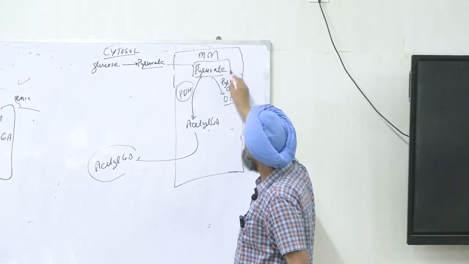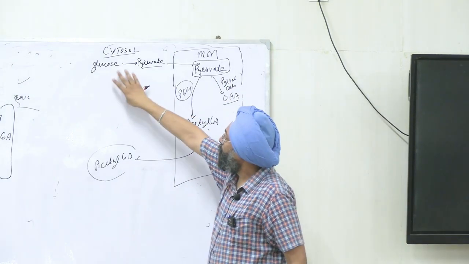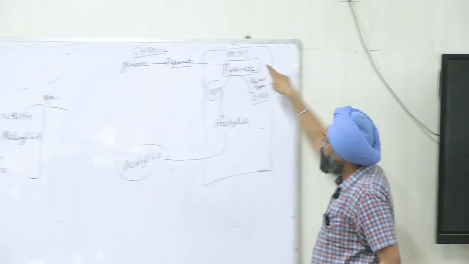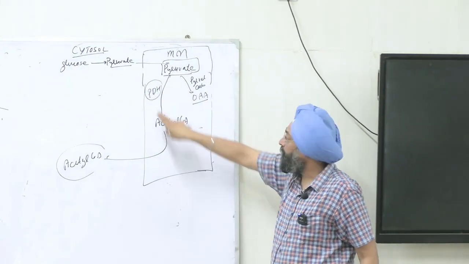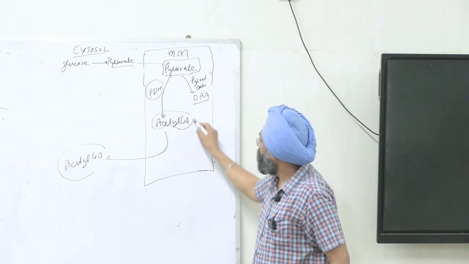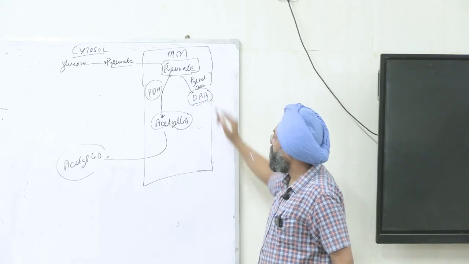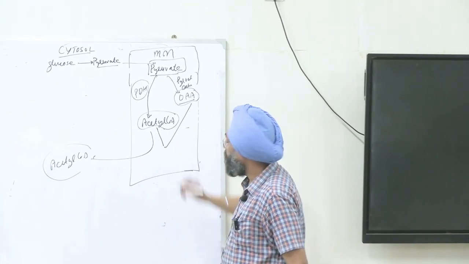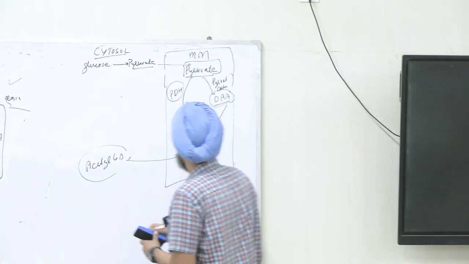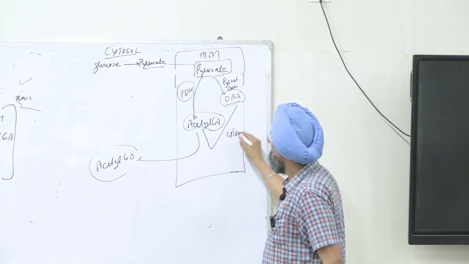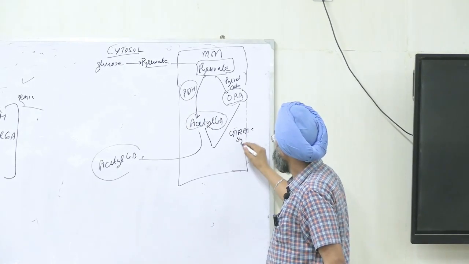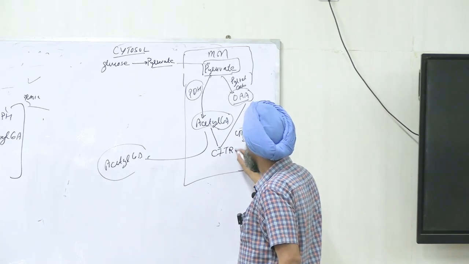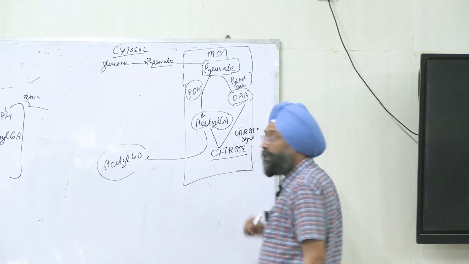We have pyruvate which comes from glucose via glycolysis, right? Pyruvate via pyruvate dehydrogenase reaction will form acetyl-CoA and oxaloacetate, right? And this oxaloacetate and acetyl-CoA will combine in the presence of citrate synthase to form citrate, right?